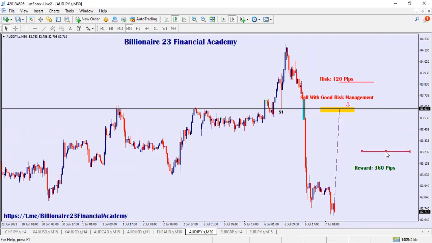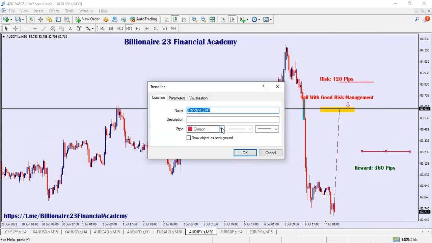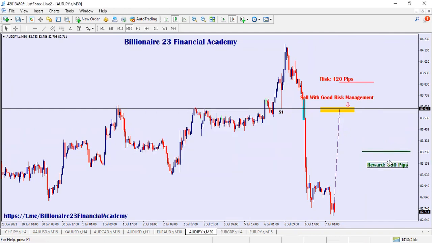No, I'm lying. Somewhere here. Which isn't bad. If you're risking 120 pips to make 360, it's a 1-to-3 risk reward ratio, which isn't bad. So this is how you would go about trading the support resistance flips or resistance support flips.